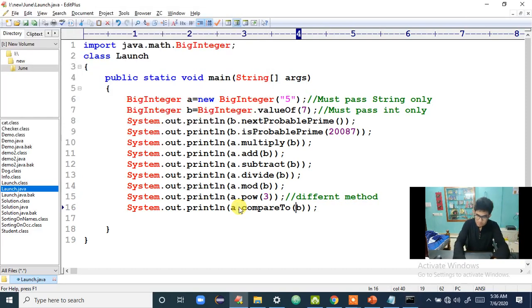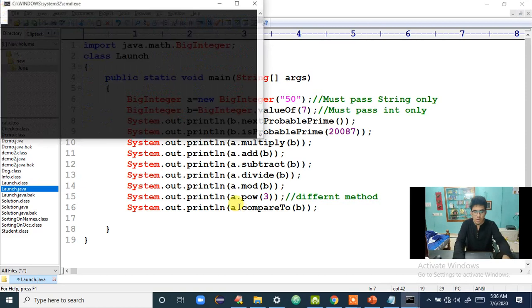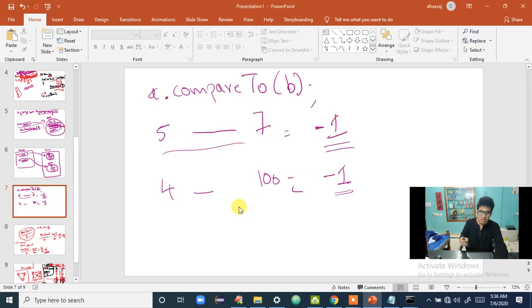If I change the A value to 50 and the B value to 7, so 50 dot compareTo 7, 50 minus 7 is plus 43, but it doesn't care what the value is, it just cares whether it's a positive or a negative value. It's positive, so plus 1 will be the answer.